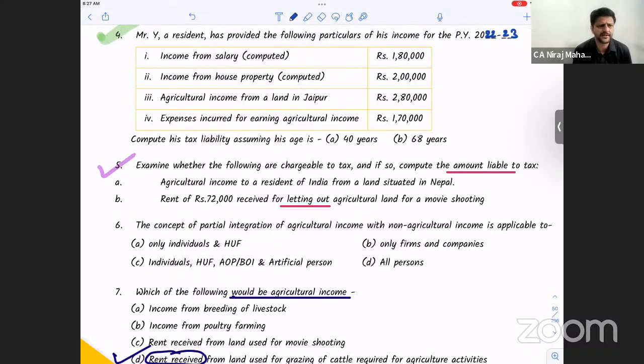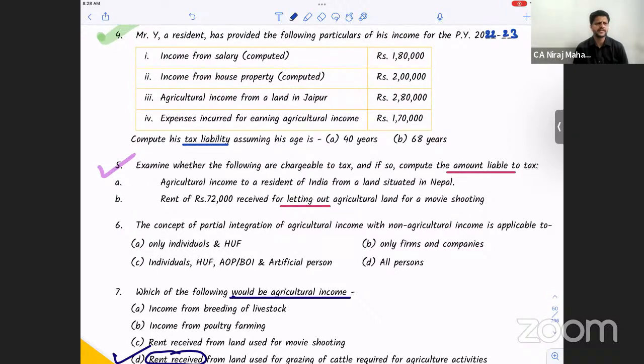Whenever the word computed is written, it means it is the final figure of that head of income, so we'll be using that figure. Then house property, 2,80,000. Agricultural income from a land in Jaipur, 2,80,000, and expenses incurred for earning agricultural income, 1,70,000. Compute his tax liability, assuming his age is either 40 years or 68 years.